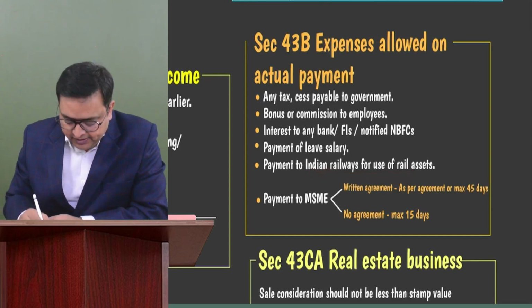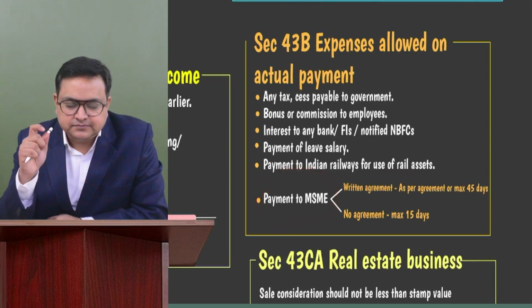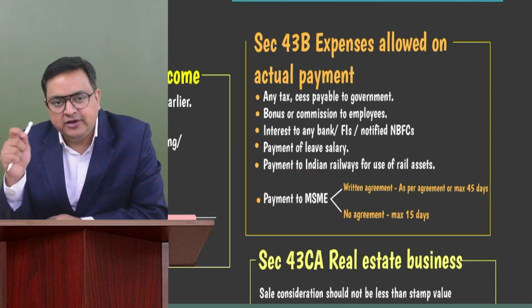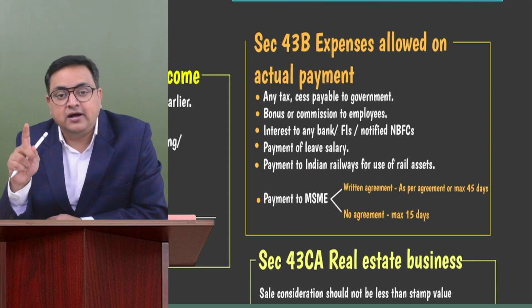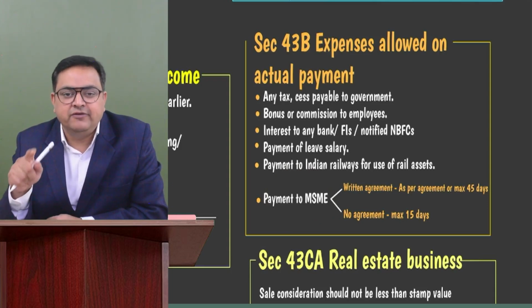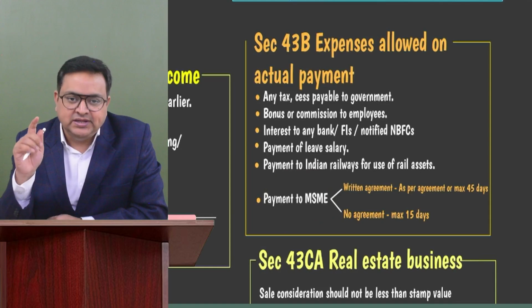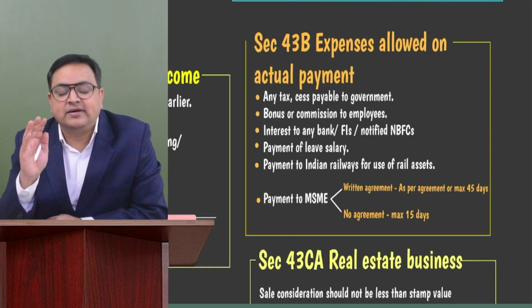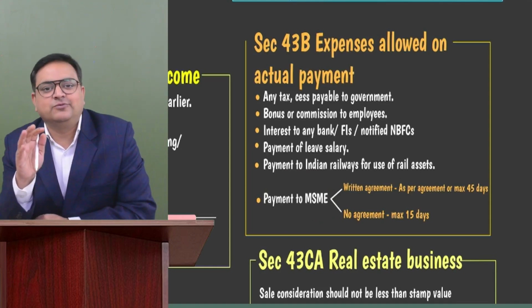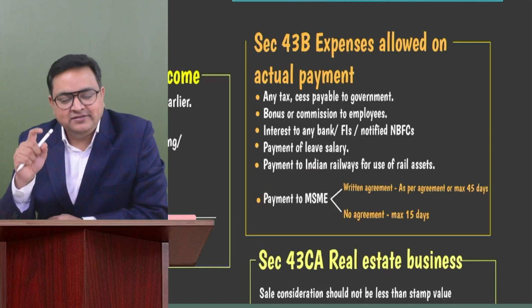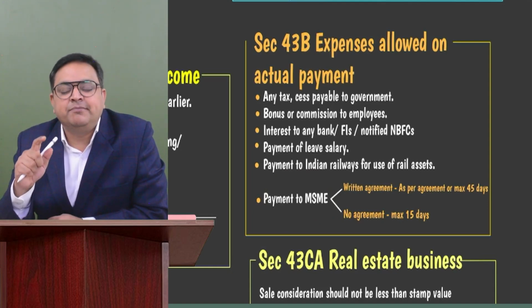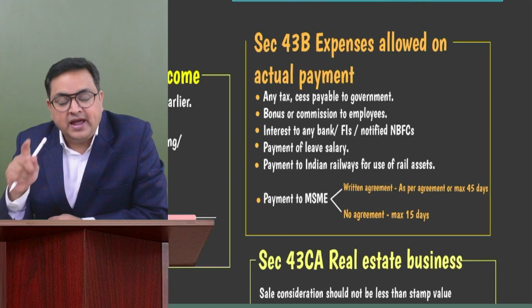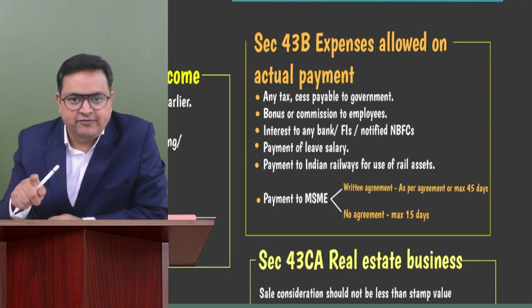Very, very important: payment to MSME. If you are making a payment to any micro, small, or medium enterprise, it is allowed on accrual basis only if the payment is made within the time period. What is that time period? You have to make the payment as quickly as possible. If there is a written agreement and you have made the payment as per the written agreement, the maximum period should be 45 days only.